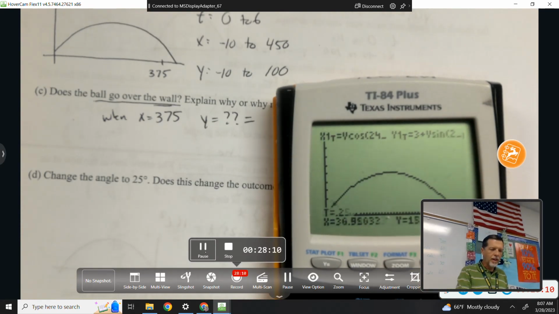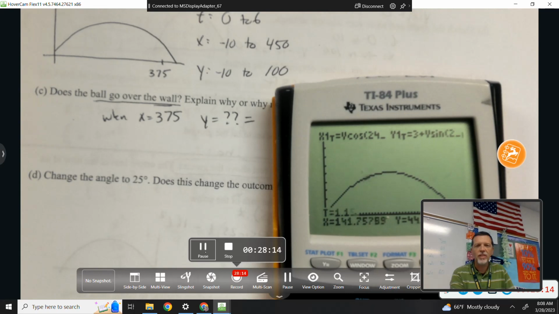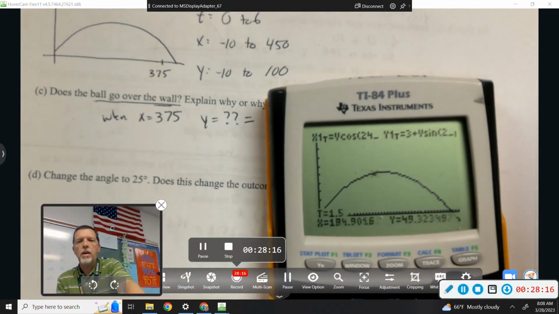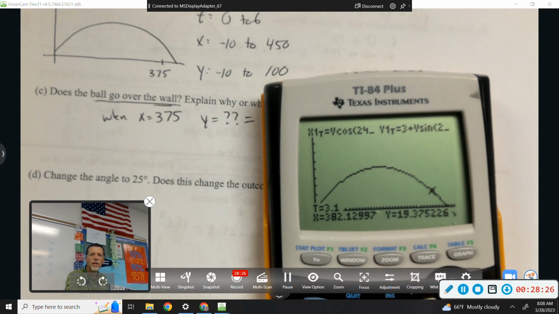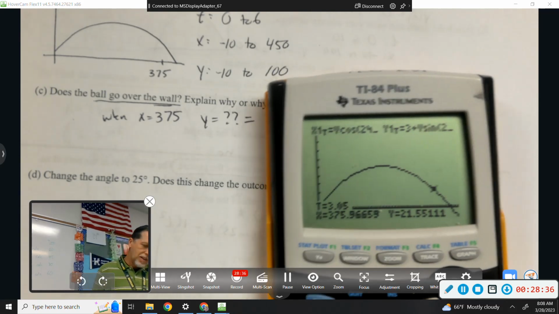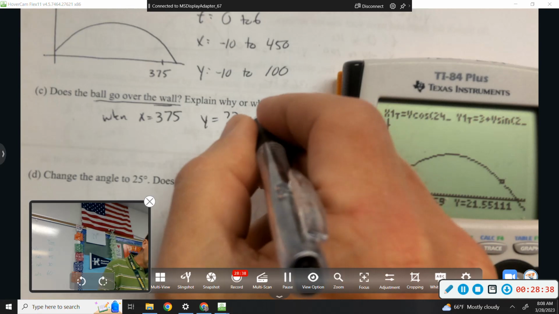Right? Because it goes farther than 375, but I need to know the height of the ball at 375. So I'm looking at my x until it gets to 375, or as close as I can get it. Well, that's pretty close. 375.9 or 376. So 376 feet away, my height is 21.6.